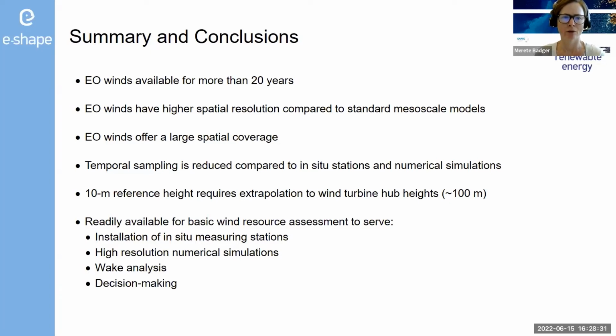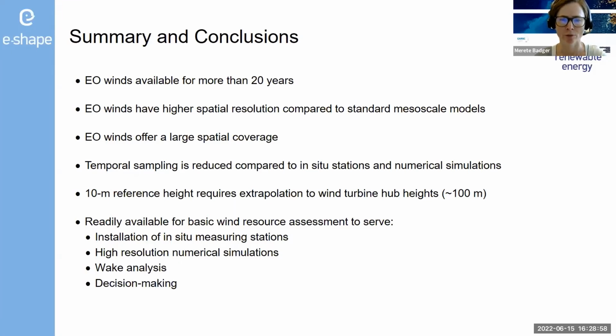The EO data can sometimes provide higher spatial resolution compared to the mesoscale models, which are what's widely used in the industry at the moment when it comes to the planning of offshore wind energy. And another major advantage of the EO data is the large spatial coverage. Basically, we can cover any location on Earth.